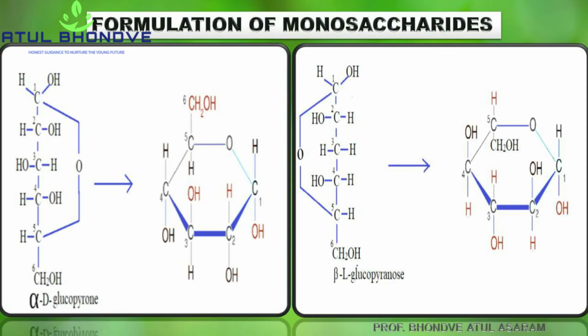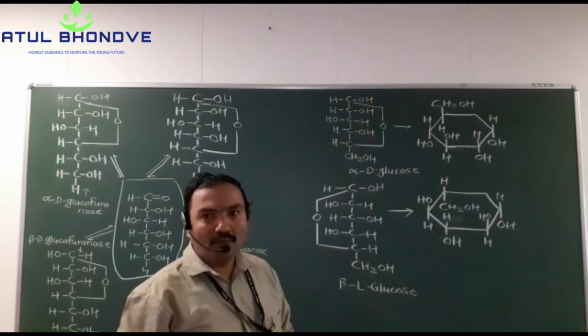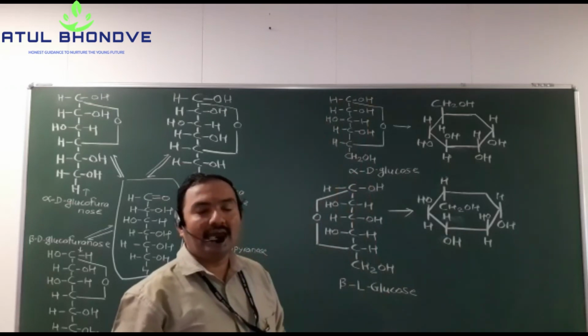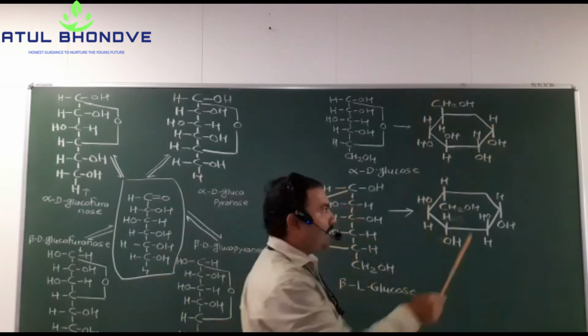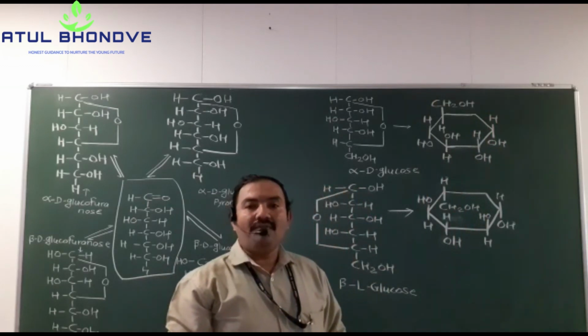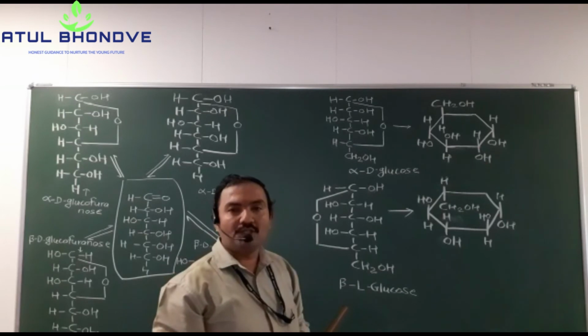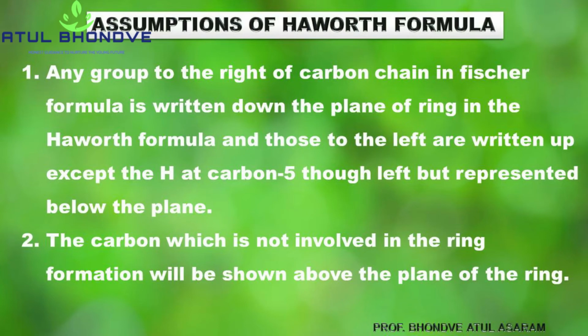This is explained by Haworth: the atoms or groups of atoms represented at the right side and left side of the carbon are represented at the upward and downward positions in the case of the ring form. The hydrogen or hydroxyl group present at the right side of the carbon in Fischer's chain formula is represented in the downward position, and those towards the left are represented in the upward position.